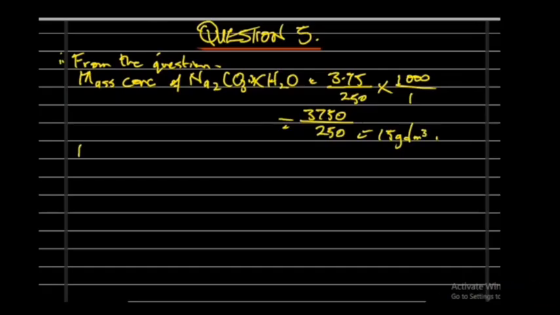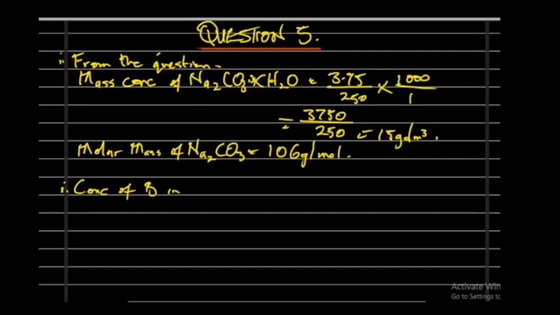And then we have the molar mass. Molar mass of sodium trioxocarbonate to be 106 grams per mole. So now that we have this, let us now calculate what we actually want to calculate. Concentration of B in mole per dm cube.